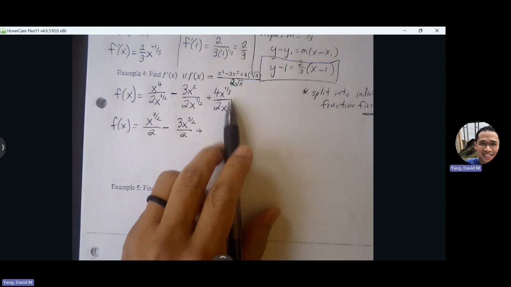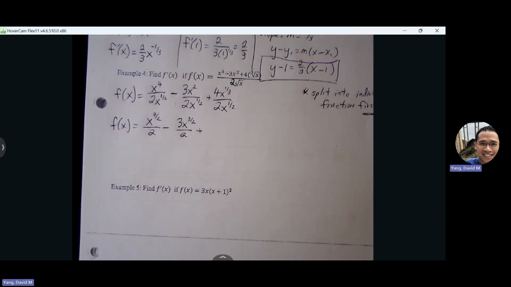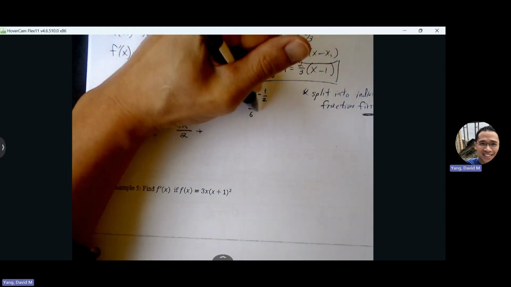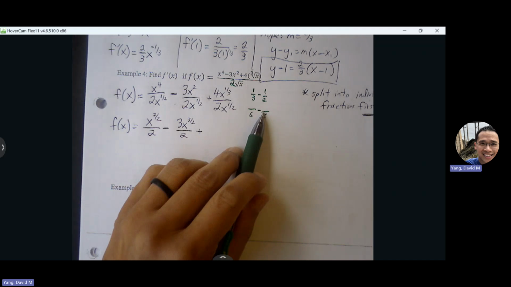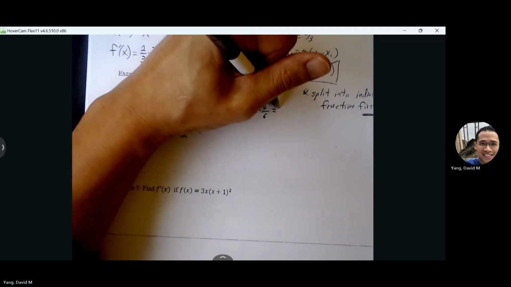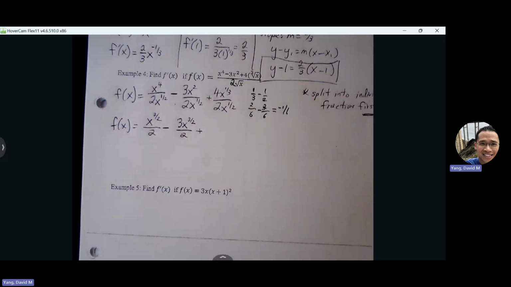And then 1/3 minus 1/2. I do common denominators. That's not either 3 or 2. I have to use 6, right? So 1/3 minus 1/2 is the same thing as denominator 6. So 2/6 minus 3/6, which is what? Negative 1/6.